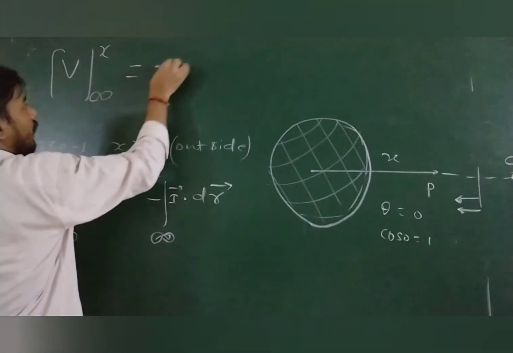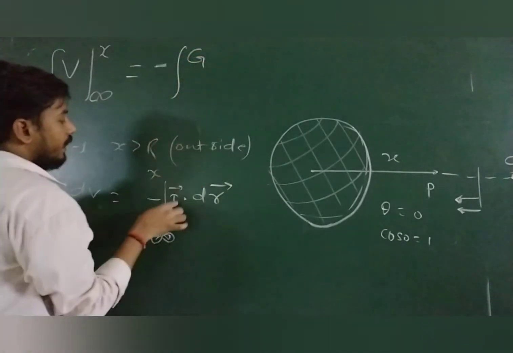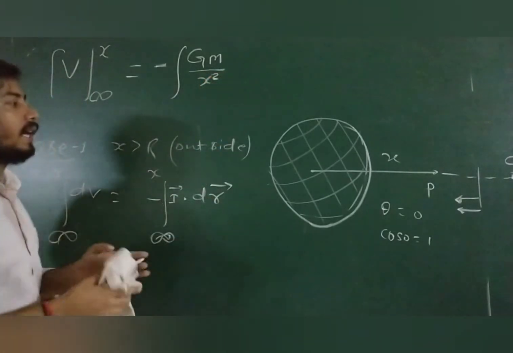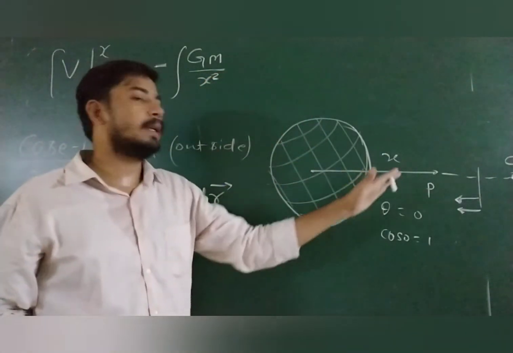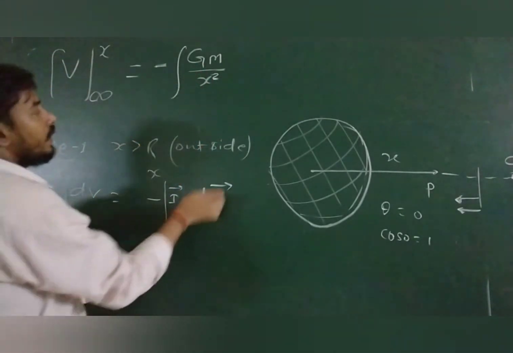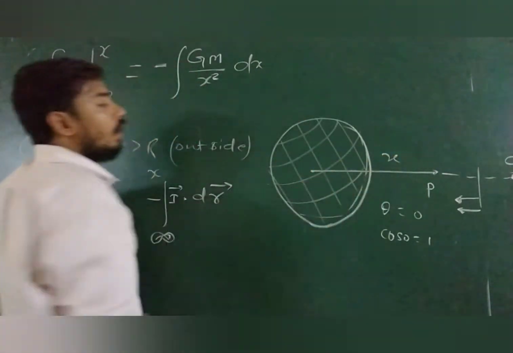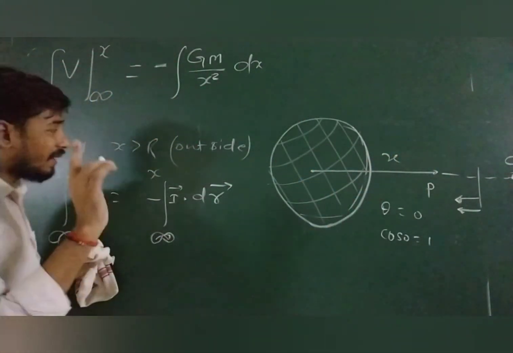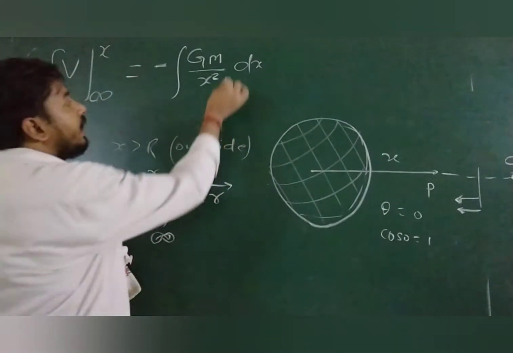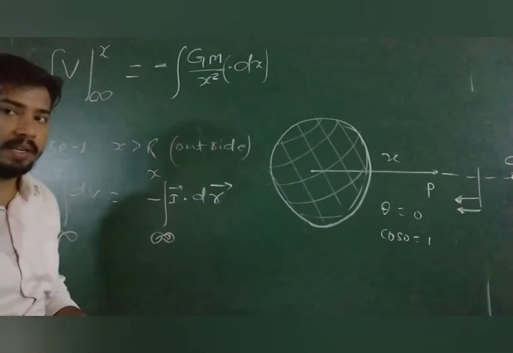So minus, for a we can write the gravitational field intensity GM by x square, because we know that outside the solid sphere the field intensity is GM by x square, into dx. dr can be replaced by dx because it is moving only along the x-axis. But here one mistake we are going to make, so for that correction we have to put a minus here.